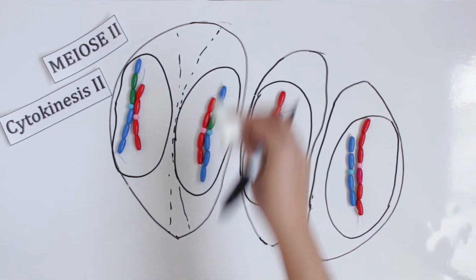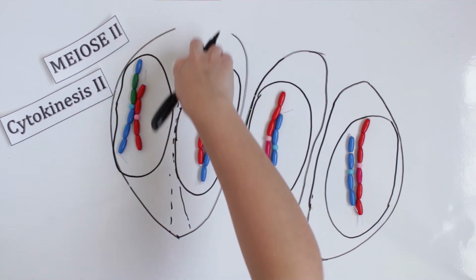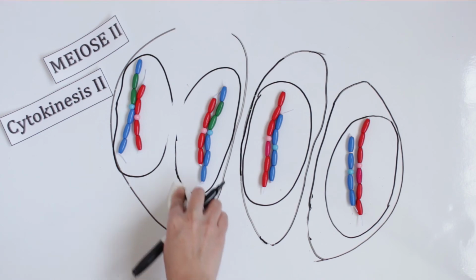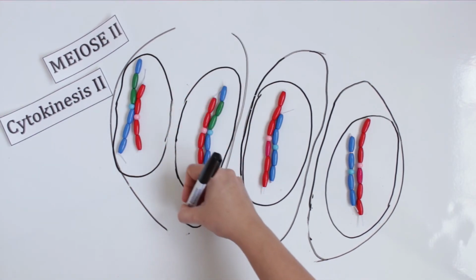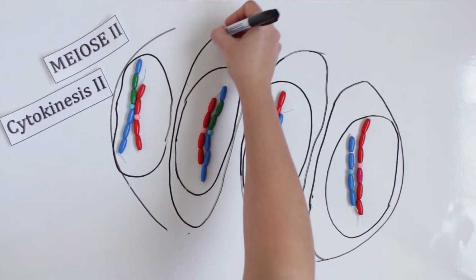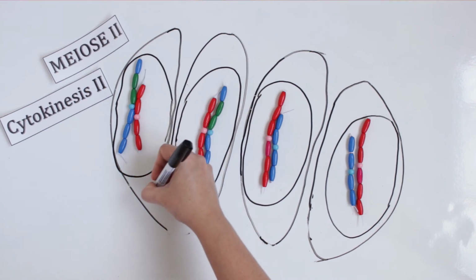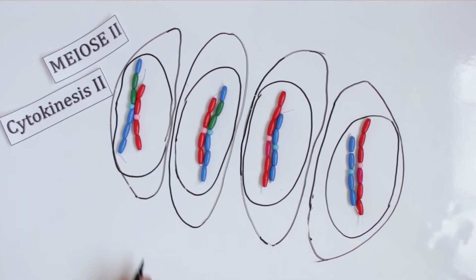So here I formed already 2 cells. I'm gonna cleave this one as well. And that's it. So how many cells do you see now? 1, 2, 3, 4 cells.